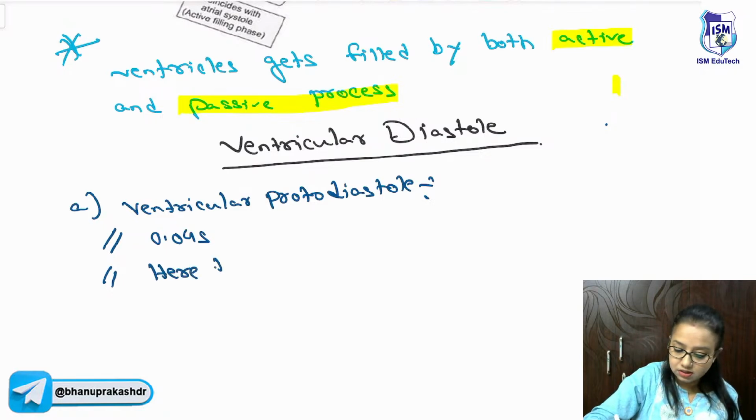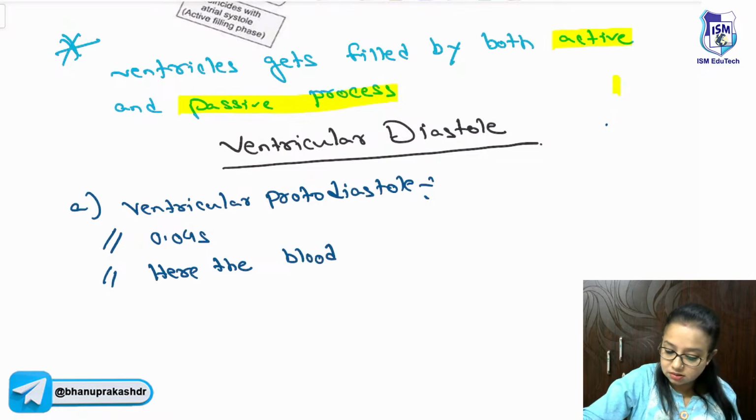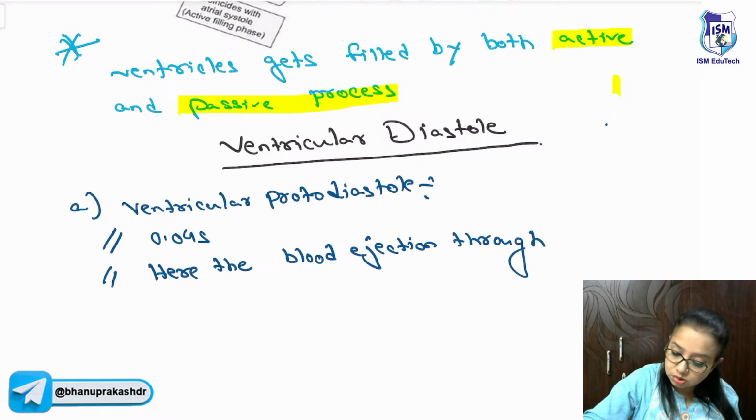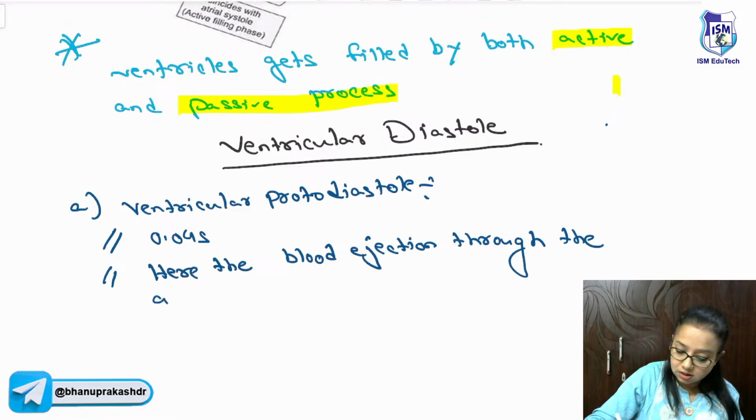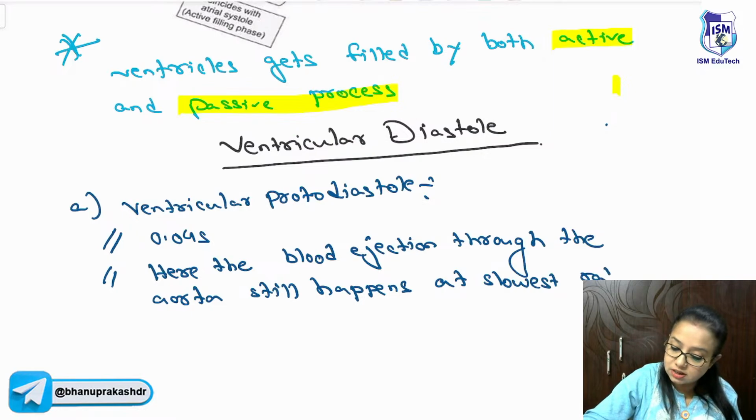Here, the blood ejection through the aorta still happens at the slowest rate.